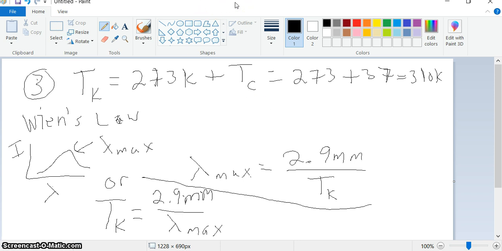Well, first of all, to calculate the peak wavelength, or what's sometimes called lambda max, this peak wavelength happens for anything that's basically emitting radiation and it's hot. It's for thermal radiation. So you have the intensity on the vertical axis, and you find some peak.